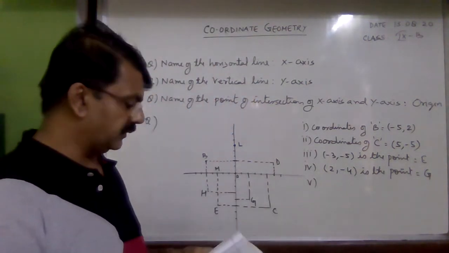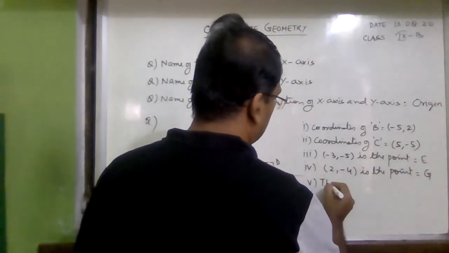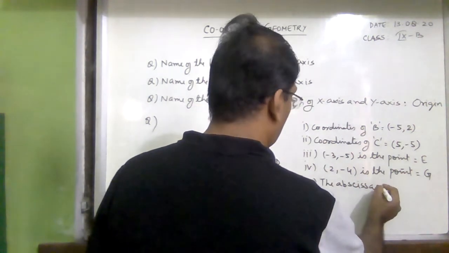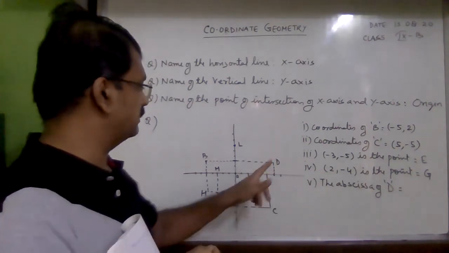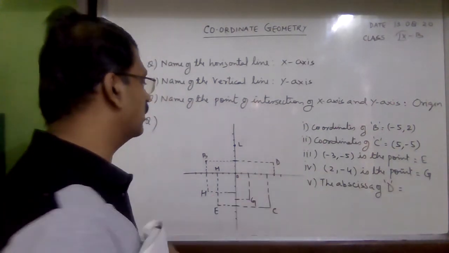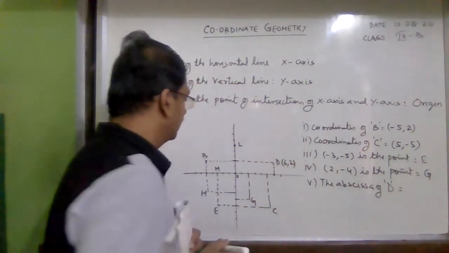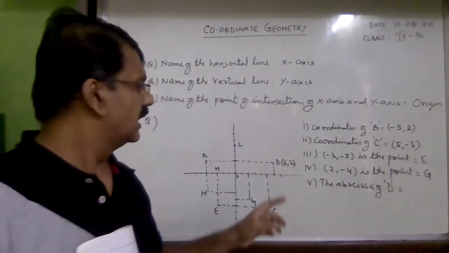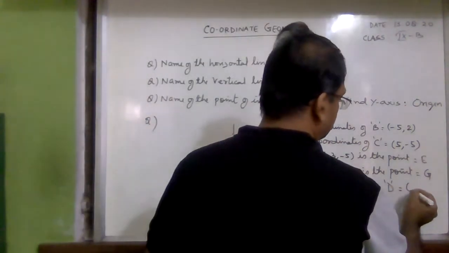Okay, now the fifth part, the abscissa of point D. So here it is point D, 1, 2, 3, 4, 5, 6, 6, 2. The coordinates of D, you can see it is 6, 2, and the abscissa, the x coordinate, is called the abscissa. So the abscissa is 6 and the ordinate is 2. So your answer will be 6 here.